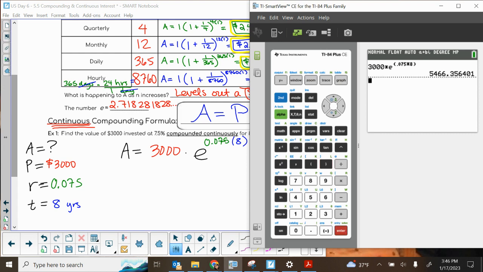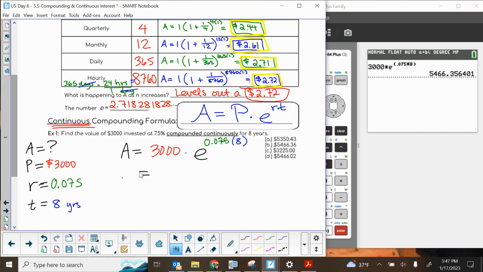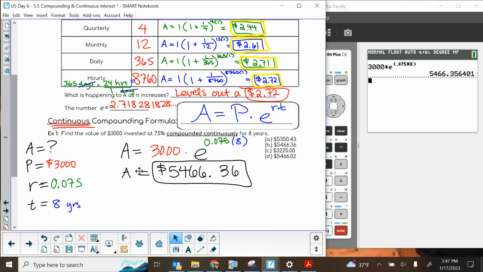And also for Desmos calculator, you'll need those parentheses. 0.075 times 8. So that tells me that my A value is going to be $5,466, and then I will round this to 36 cents, which is choice B.